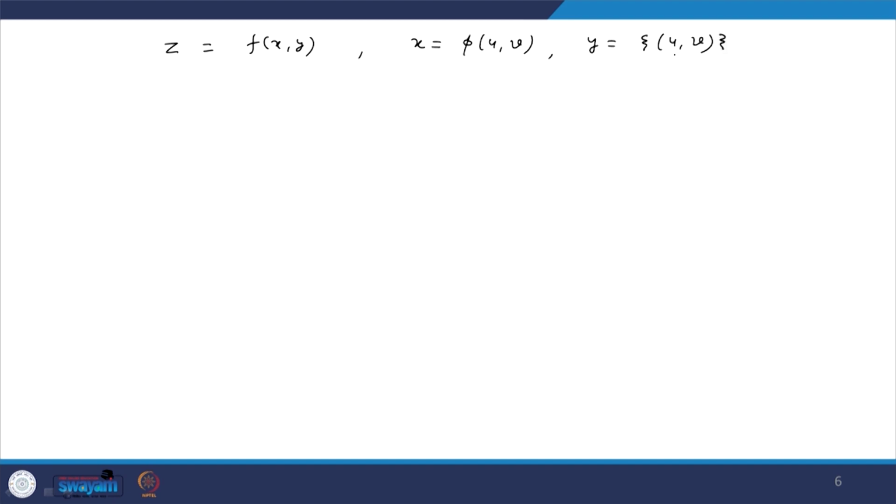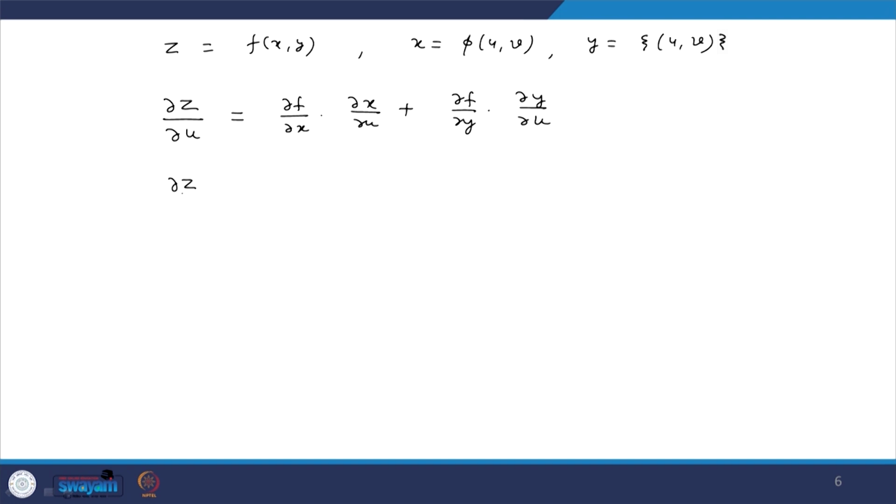So, if you want to find out del z by del u, for example, you can easily find it using the chain rule. It is del f by del x into del x by del u, plus del f by del y into del y by del u. Okay.